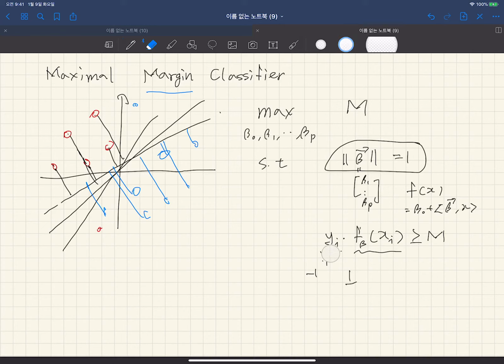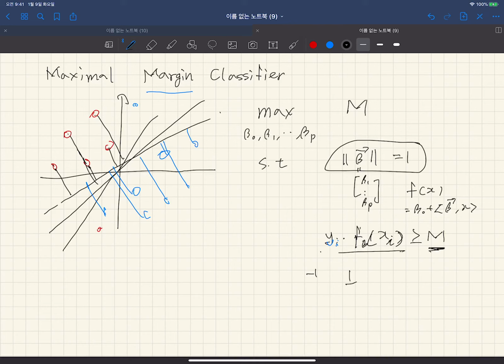And since this value y_i f_beta(x_i) gives you the distance to the hyperplane, we want this distance greater than or equal to this margin M.